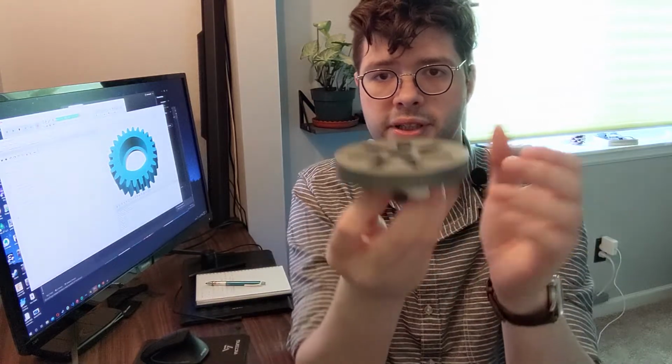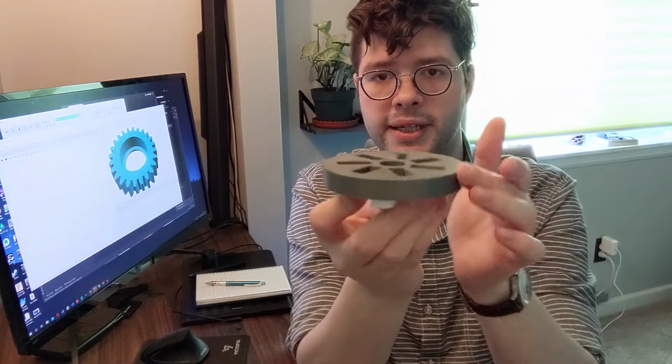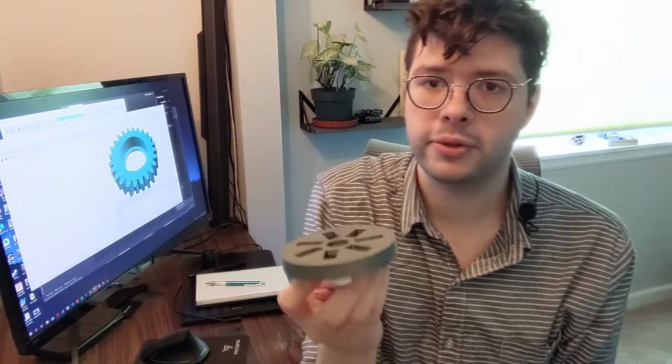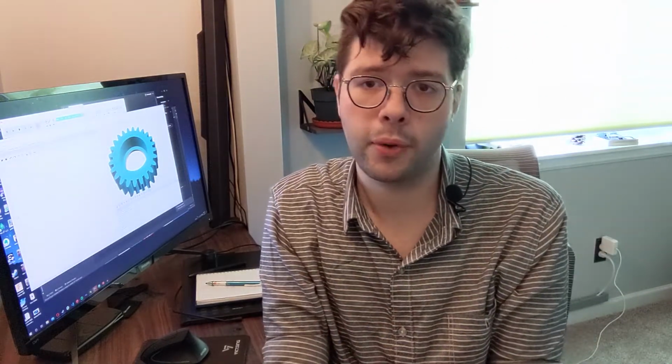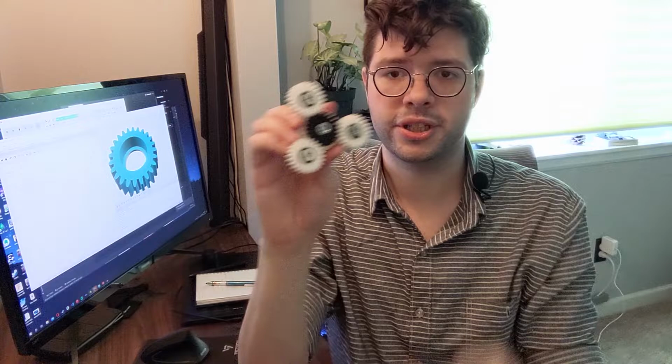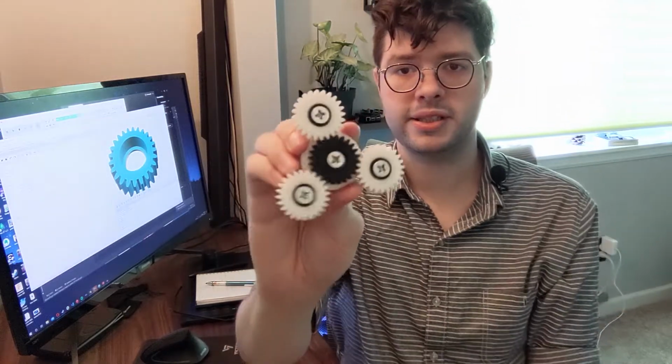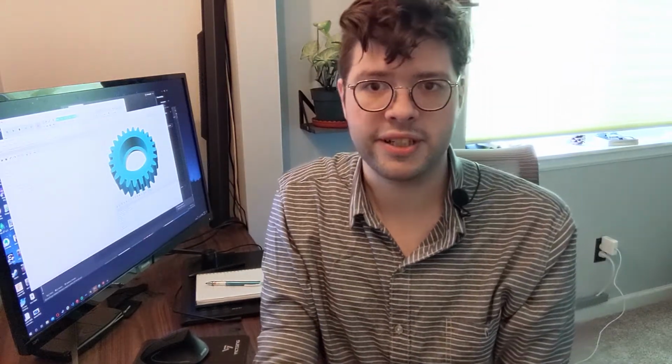Or conversely, you can rotate the ring around the planetary gear system. It's a very powerful mechanism, which I will talk about more in future videos. But today, we're just going to be discussing the nuances of this fidget spinner and some of the design considerations that went into creating it.